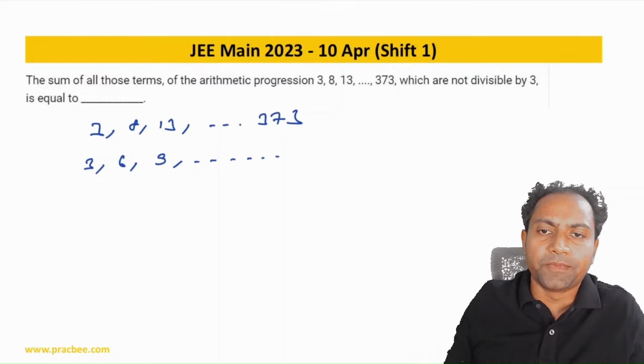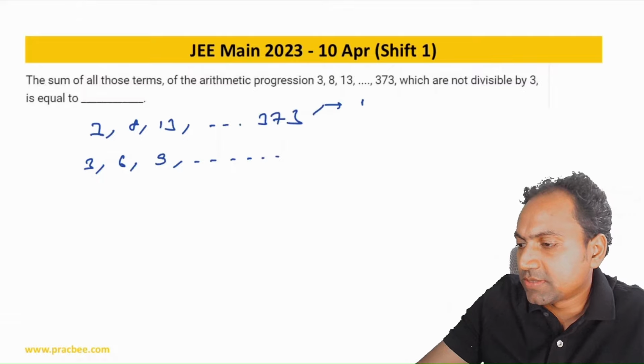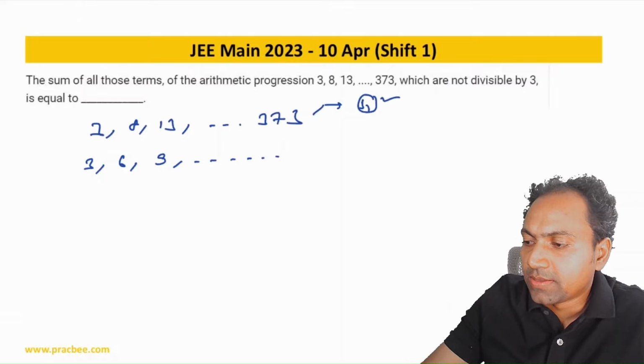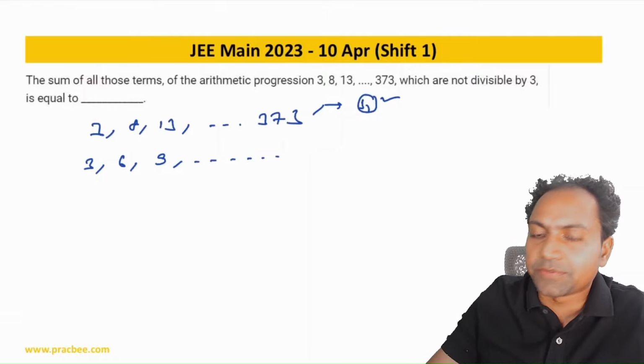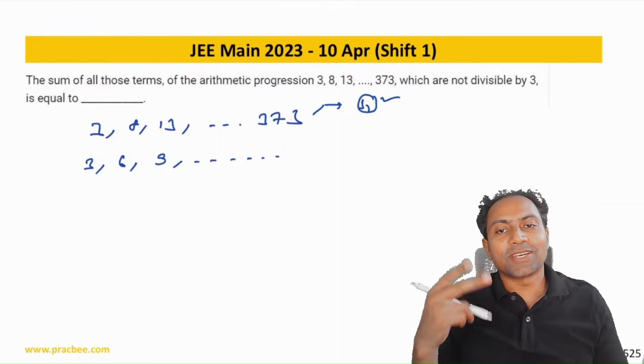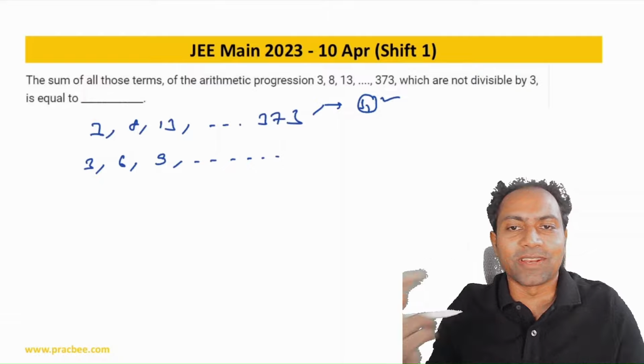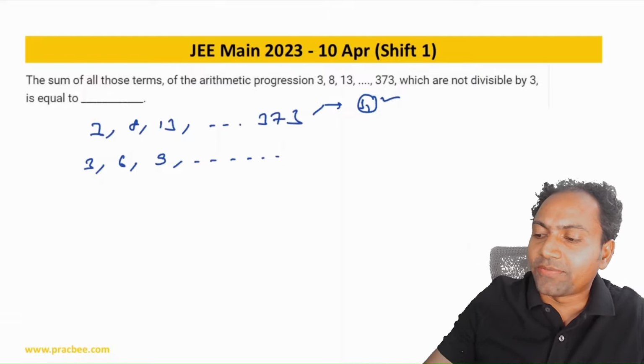The logic would be to find the sum of the first series, find the sum of the common terms, which are the terms divisible by 3, and subtract them to get our answer. So this is the logic that we are trying to follow.